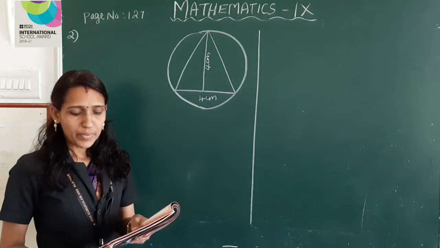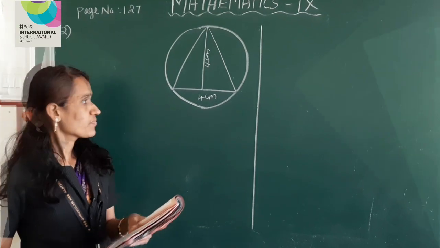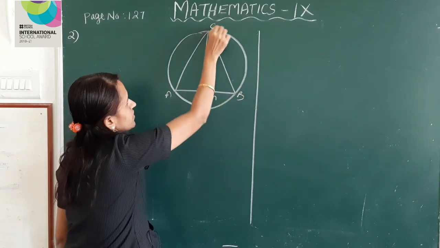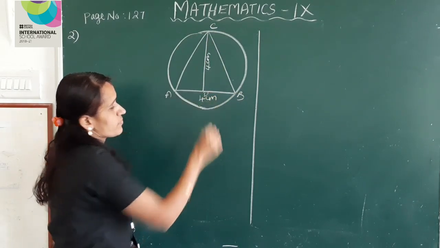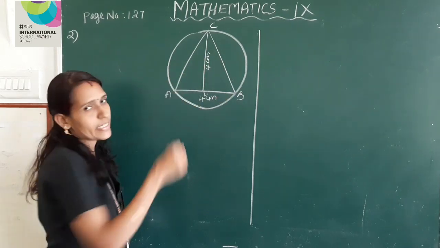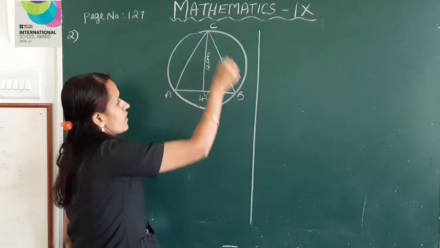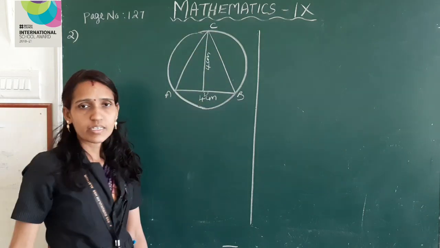What is the perimeter of the circle? Mark it as A, B, C and D. ABC is an isosceles triangle. So, AC and BC are equal.